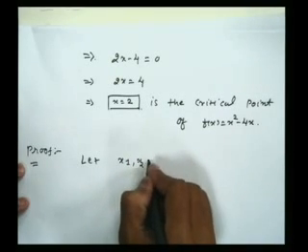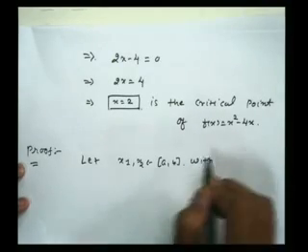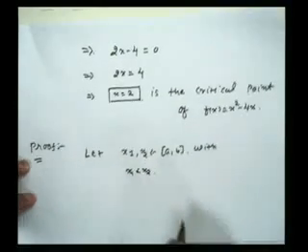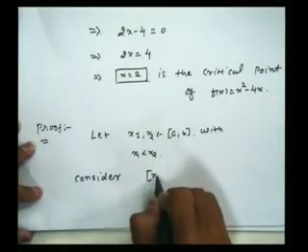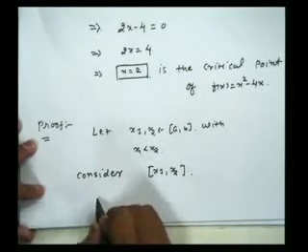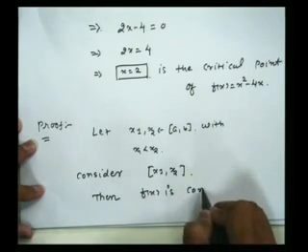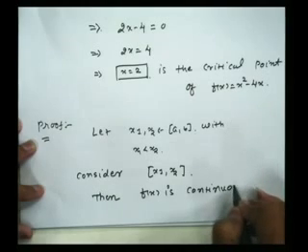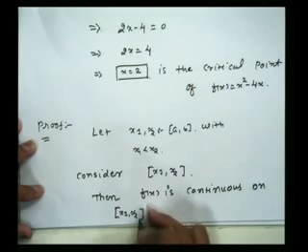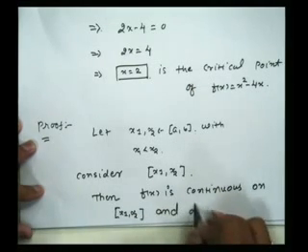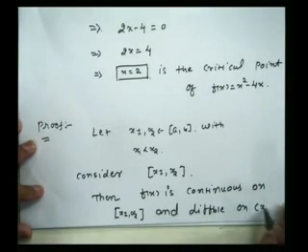Let x1, x2 belong to closed interval ab with x1 less than x2. Consider the closed interval x1 to x2. Then f of x is continuous on this interval x1 to x2 and differentiable on open interval x1 to x2.